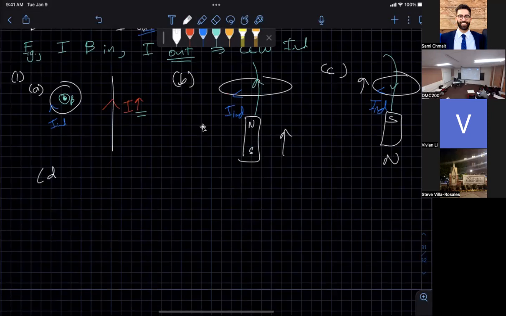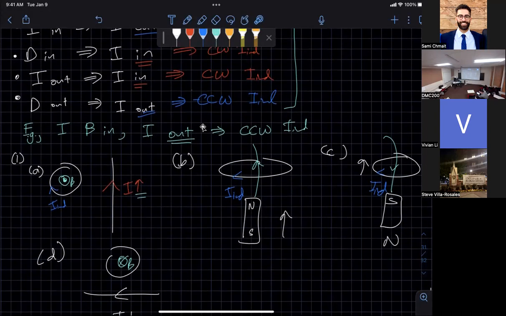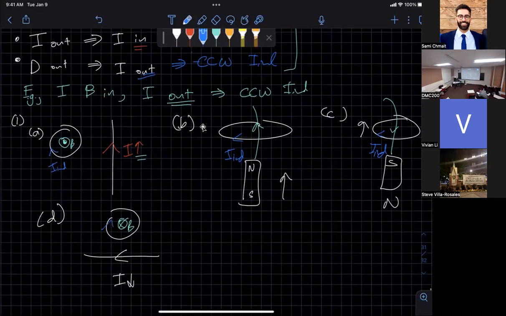For part D, it's the same as part A. We do our right-hand rule, it's going into the page. It's decreasing. So we are decreasing the amount in, we need to increase the amount in, clockwise. So it looks like everything's coming out clockwise here.